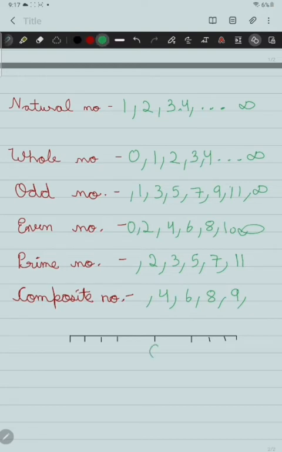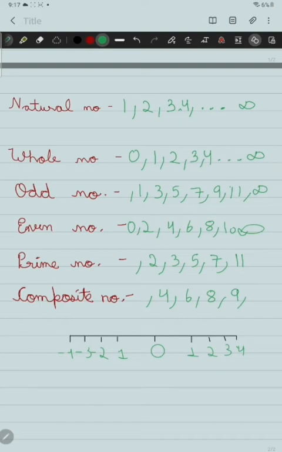This is 0. Numbers at the right of 0 will always be positive numbers, such as 1, 2, 3 and 4, or the normal counting numbers. On the left of 0, there will be negative numbers: -1, -2, -3, -4.